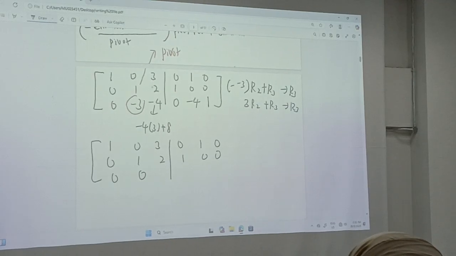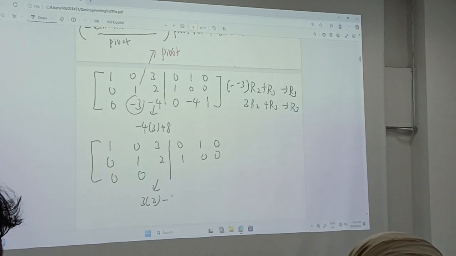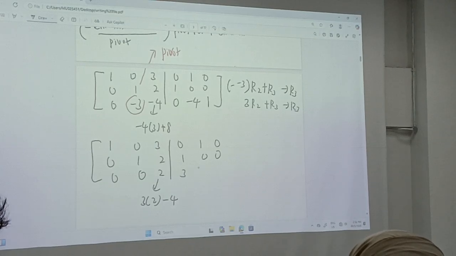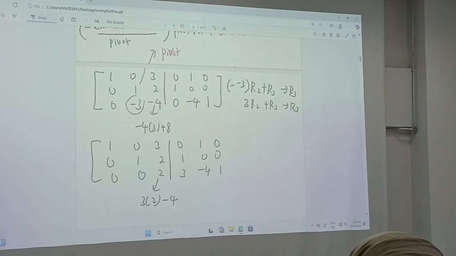So 3 times R2, 3 times 2 minus 4 equal to 2. Right? Okay, 3 times 1 plus 0, 3. 3 times 0 plus negative 4, still negative 4. 3 times 0 plus 1, still 1. Right.